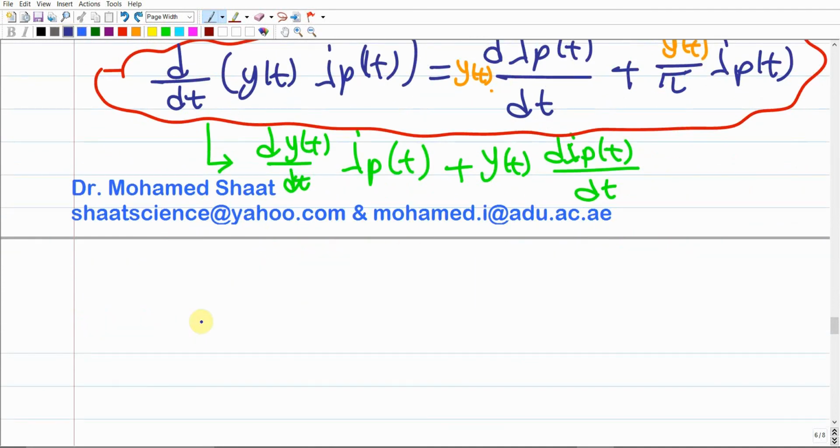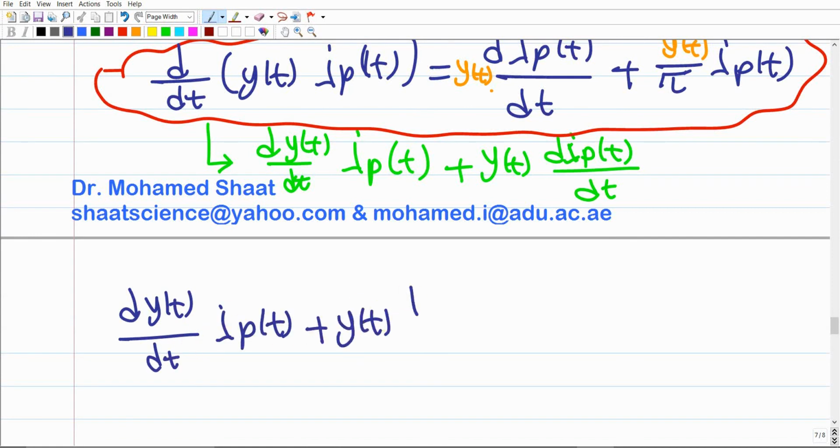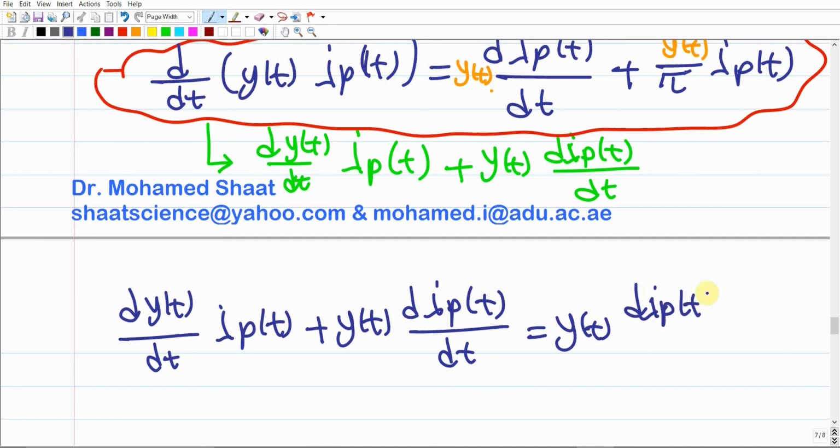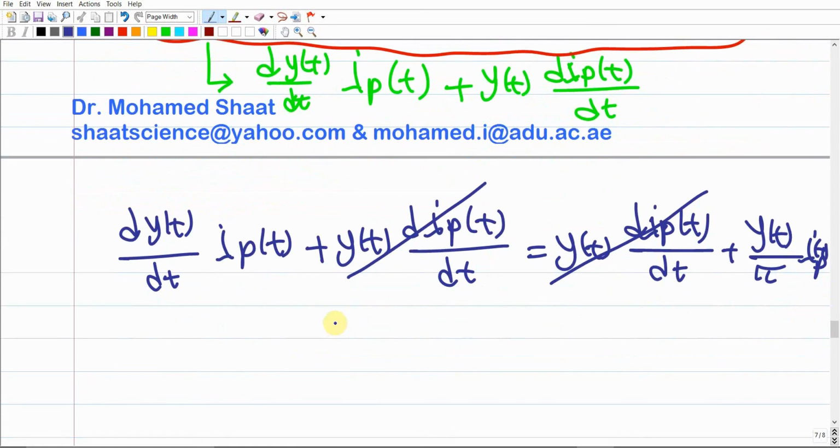Or I can write the equation again as dy of t by dt times I_p of t, plus y of t times dI_p of t by dt, equals y of t times dI_p of t by dt, plus y of t over tau times I_p of t. As you can see, this term is identical to this term, so they can be cancelled together.